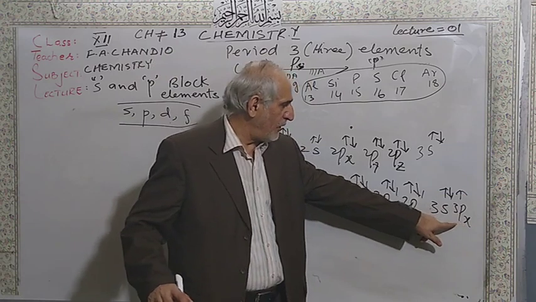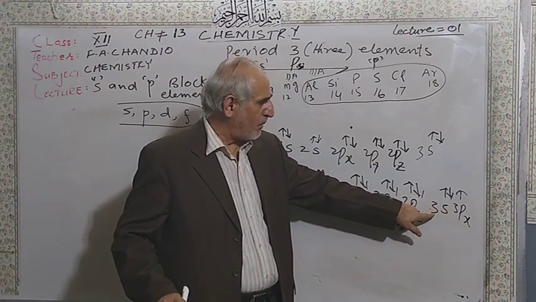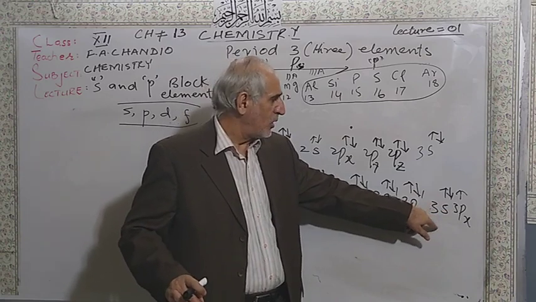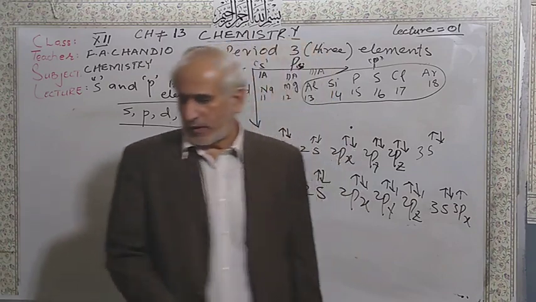This is the valence shell. KLM shell, 3. So 3 electrons are present. That's why it's present in group number 3. This is the one question.